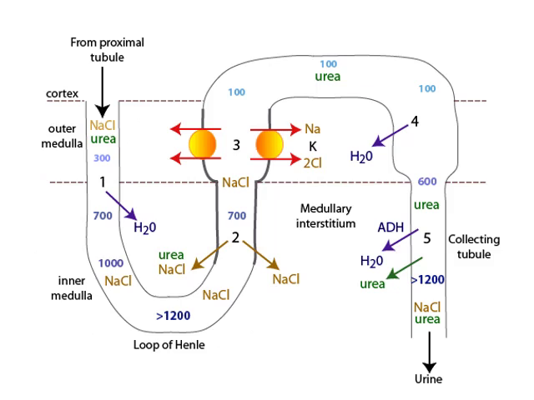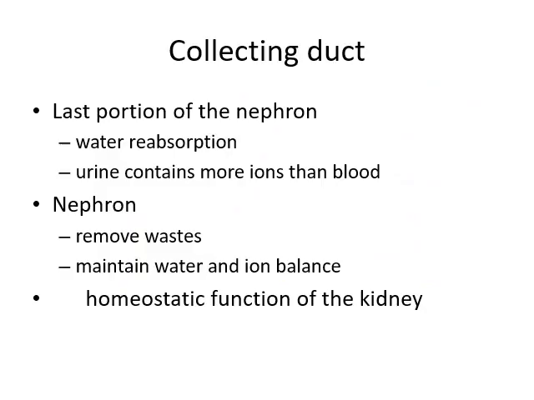Here you can see the proximal convoluted tubule, where water will leave out. Then the descending loop of Henle, where water will leave out, and the ascending loop of Henle, where sodium and urea will leave out. Then the collecting ducts, where water will be reabsorbed, urea will be reabsorbed, and ADH acts.